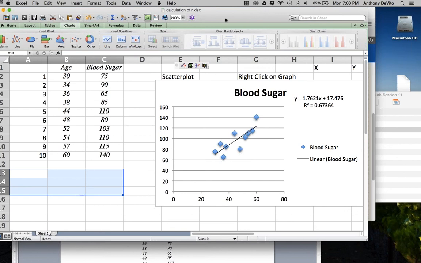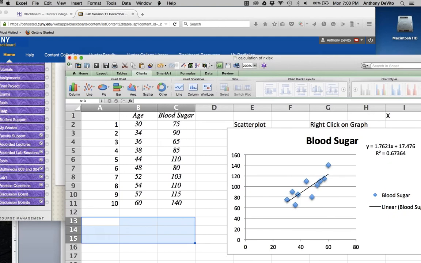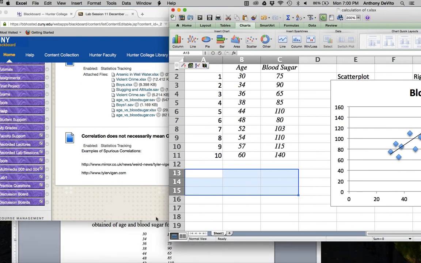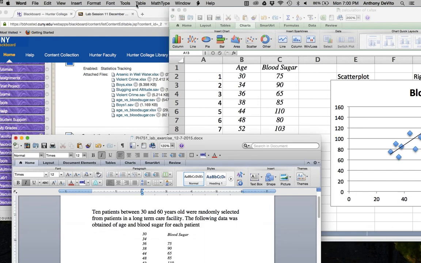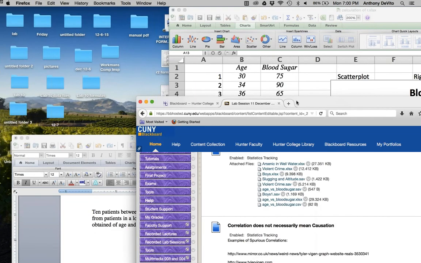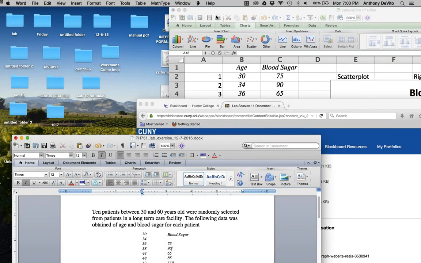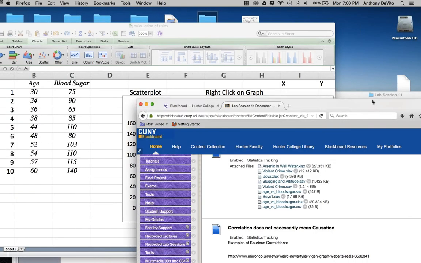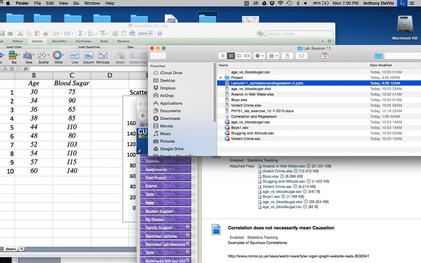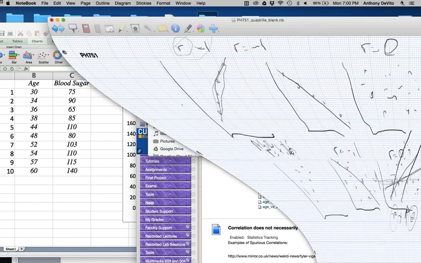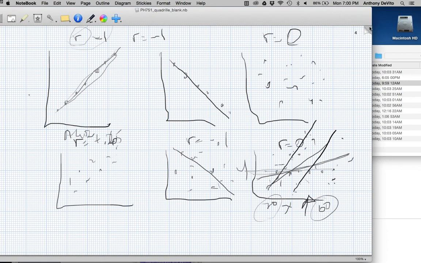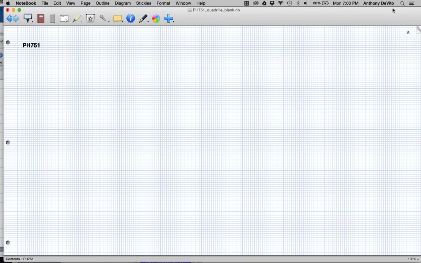Okay, so now remember we're only dealing with relationships that are linear. So for instance, if I go back here to the notebook, I just searched for it. Here we go. Not everything is a linear relationship.